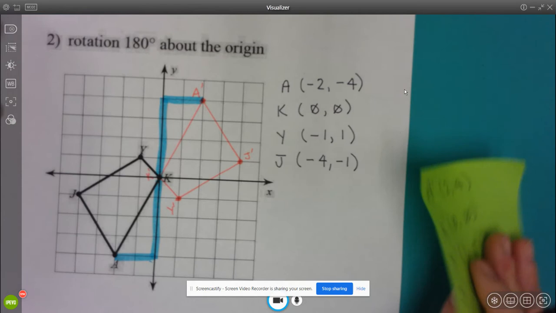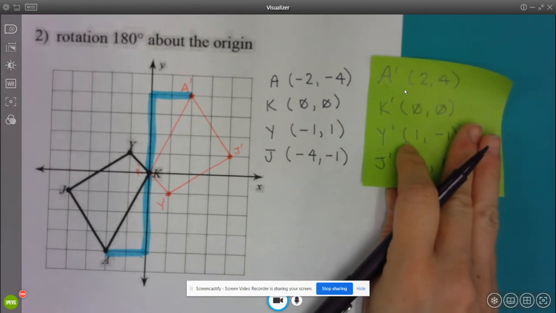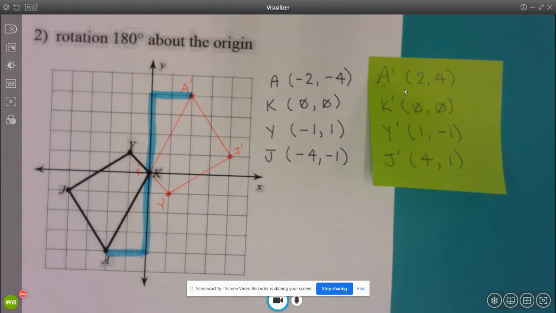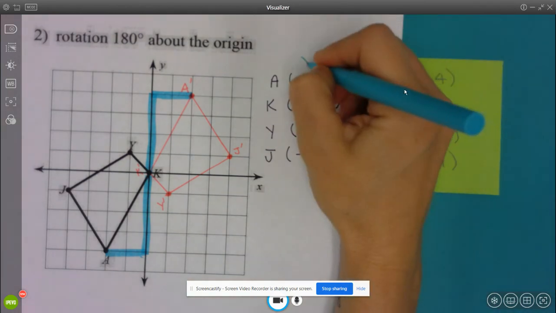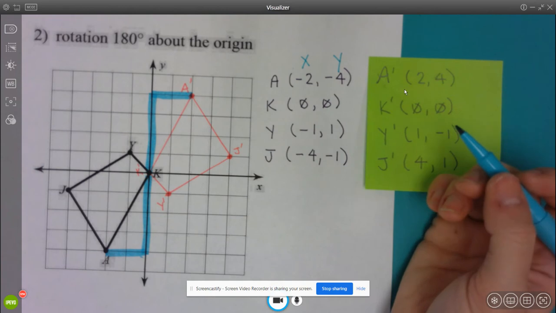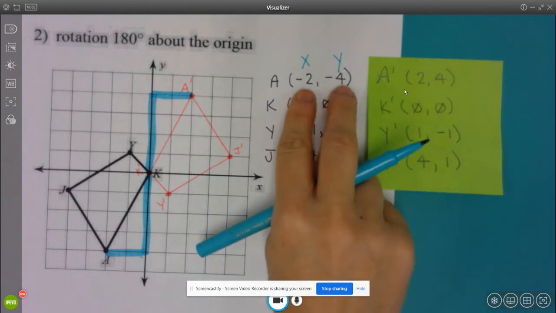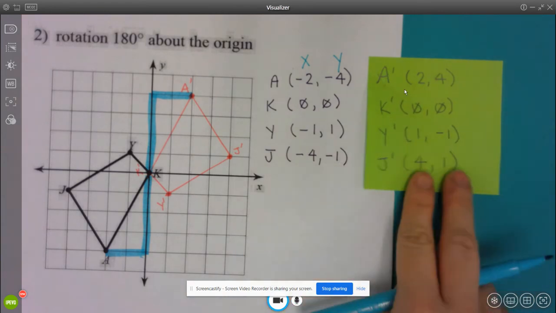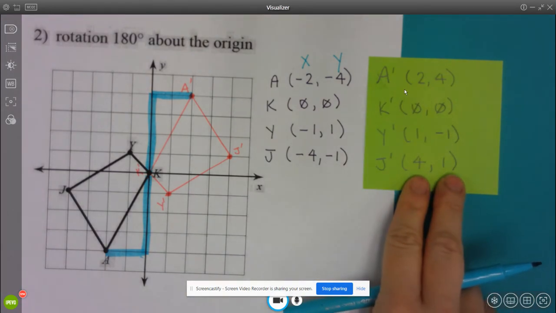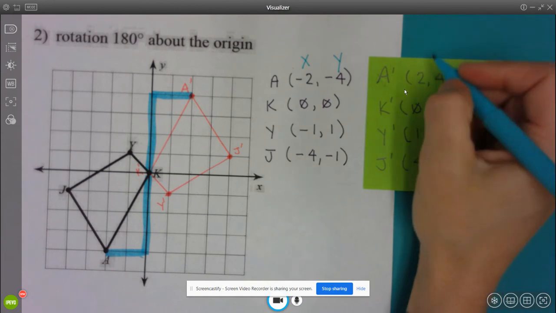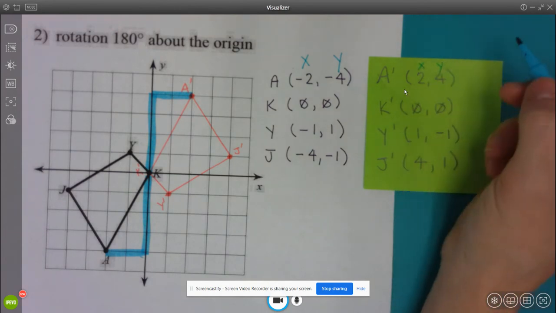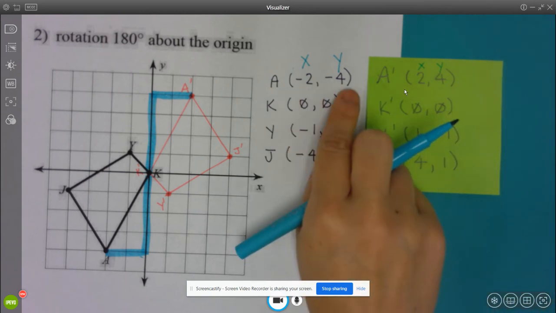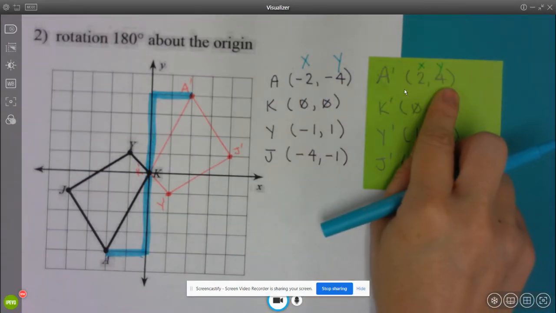So now comparing this to my image coordinates, in this case, they don't flip. They're still in the same place as they were before in my coordinate, but they've changed to the opposite sign.